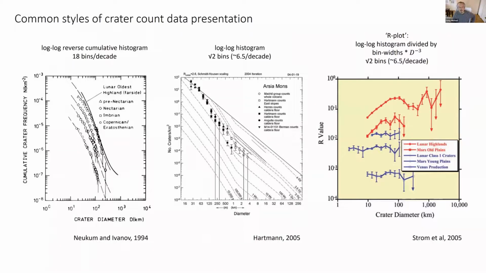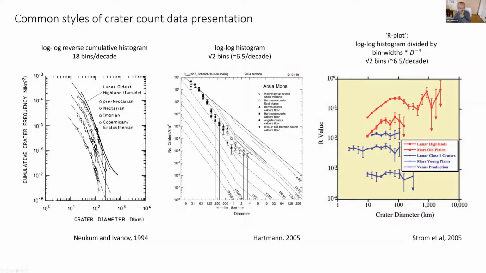Here I come to the common styles of crater count data presentation. So when you look in different publications, you will see mostly one of these three styles of plots in the older works, and I'll come on to another one that you'll see in more recent stuff. So this one on the left is called the reverse cumulative plot that was favored by Gerhard Neukum.